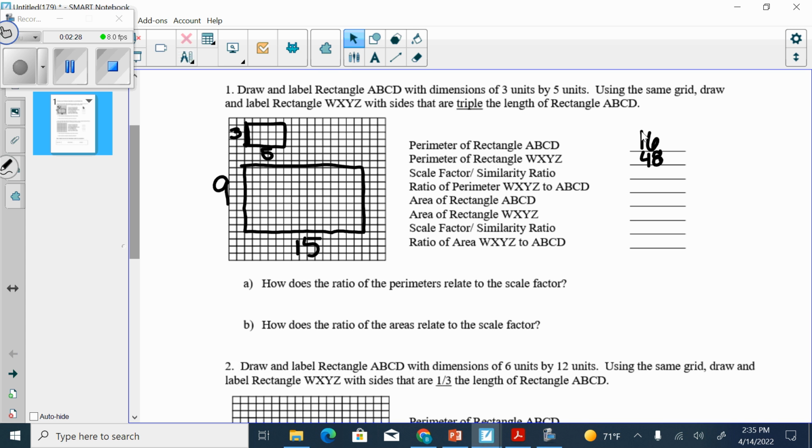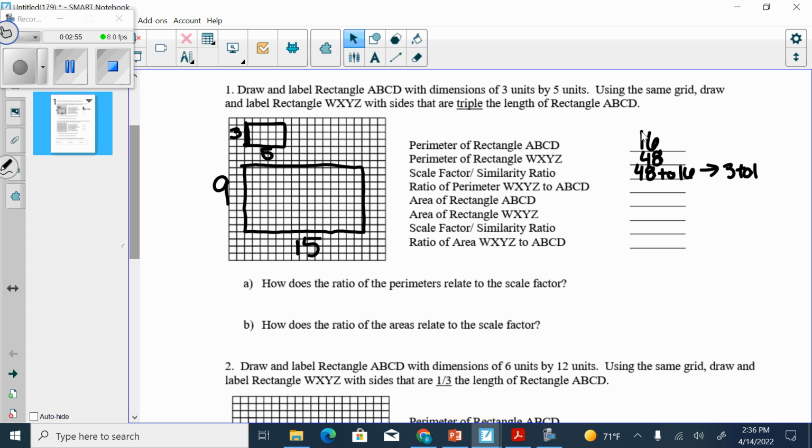Okay. They then ask what is the scale factor or the similarity ratio between those 2 items. So it would be 48 to our 16, which is actually going to simplify down to what? 3 to 1. Very good.